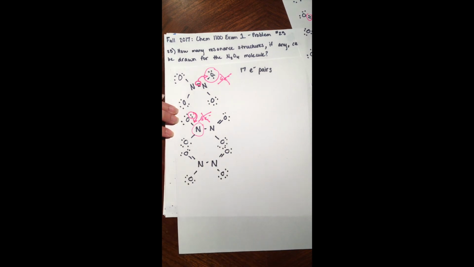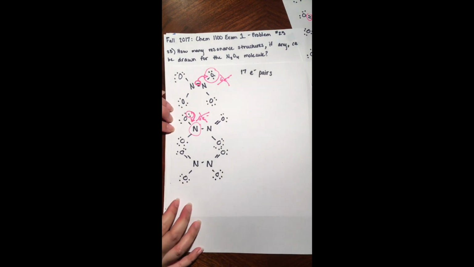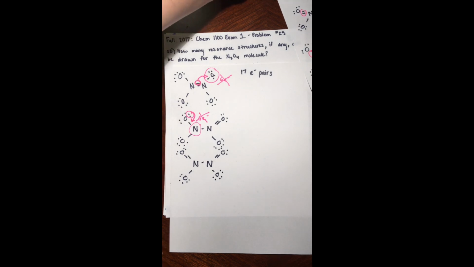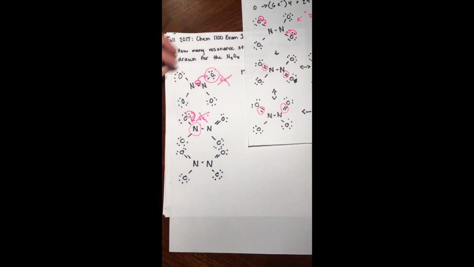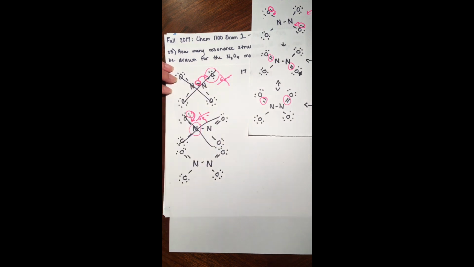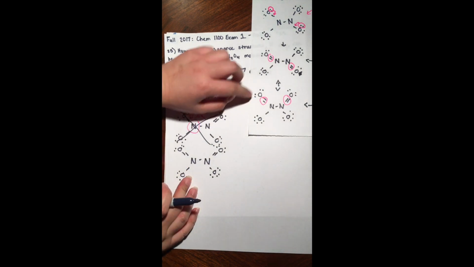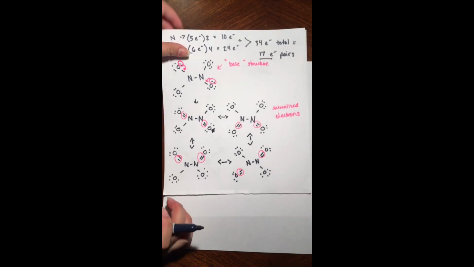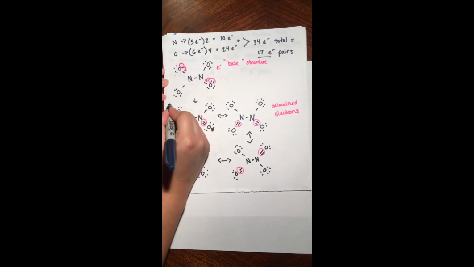to our nitrogens. So that means that we've exhausted all of the possible structures we could have moving the double bonds around. Since these ones don't work, and this one is a repeat of the ones that we did on the first page, we've only made, how many?